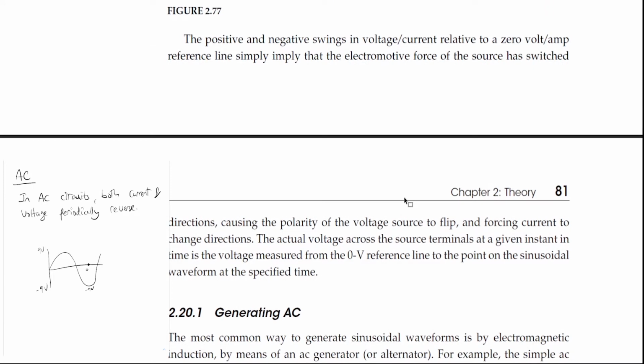Let's just write down what they've got here because I quite like this explanation. So the positive and negative swings in voltage and current relative to a 0 voltage or amperage reference line. So the positive or negative, can you get negative current? Oh, of course you can.